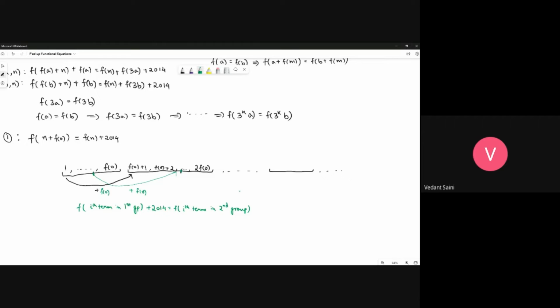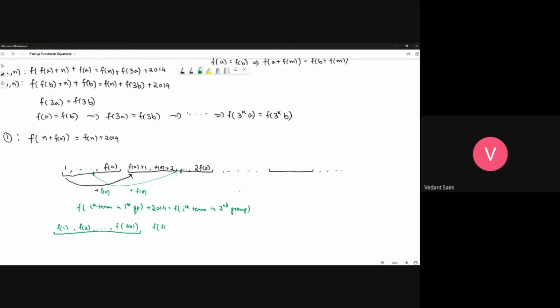So what this means is you take f of 0, f of 1, f of 2, and so on, up to f of f of 0. These are the f's of the elements in the first group.